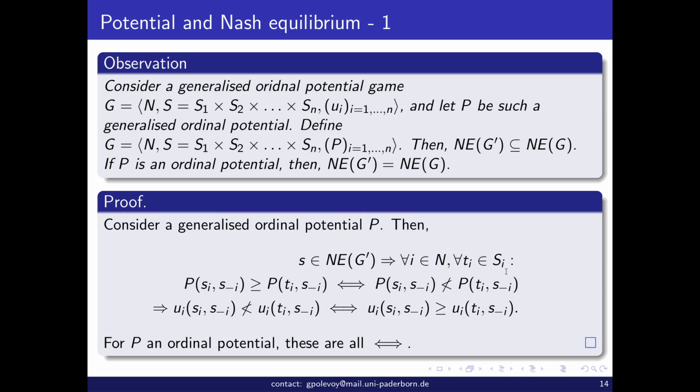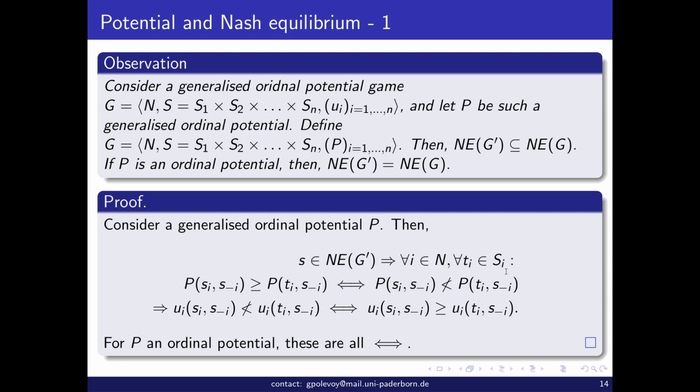Now, the game is the game where we have replaced the utility function with the potential function. So what we just said is that the potential in the original profile is at least as much as the potential when player i deviates to play t_i. To say that it's at least means that it's not strictly smaller.